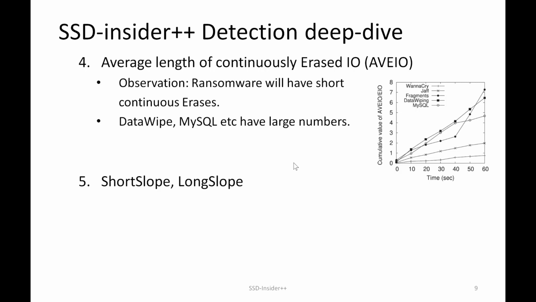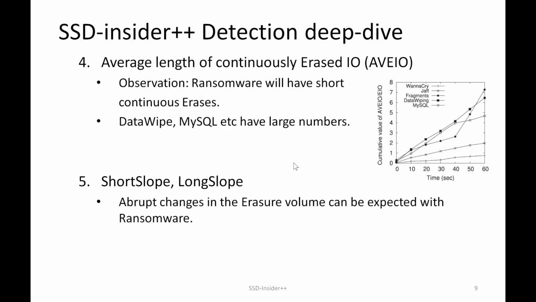In addition, they have also proposed two other features, which are short slope and long slope. Again, this is motivated by the common observation that there will be an abrupt change in the number of erasures experienced at the SSD when a ransomware is run.